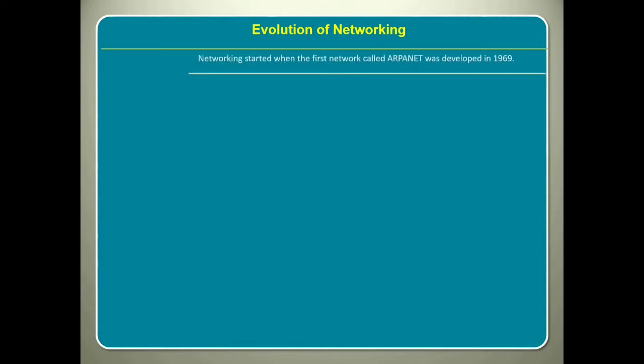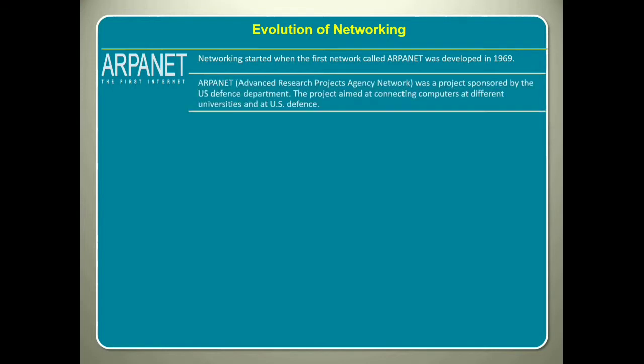Let us now learn about the evolution of networking. Networking started when the first network, called ARPANET, was developed in 1969. ARPANET, or Advanced Research Projects Agency Network, was a project sponsored by the U.S. Defense Department.